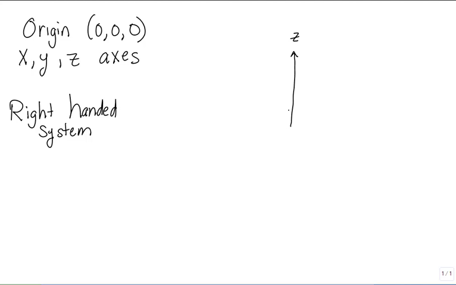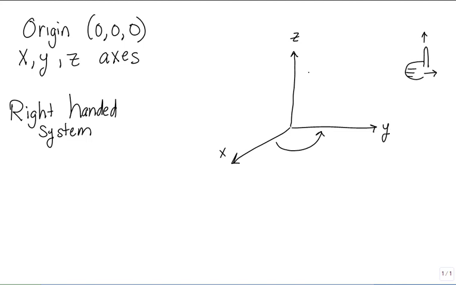So if z is pointing up, pretend your thumb is pointing up, then the fingers of your right hand are wrapping around to the right. So the x-axis is coming straight out, pointing at you, and it's wrapping around to the y-axis, which is in the plane.